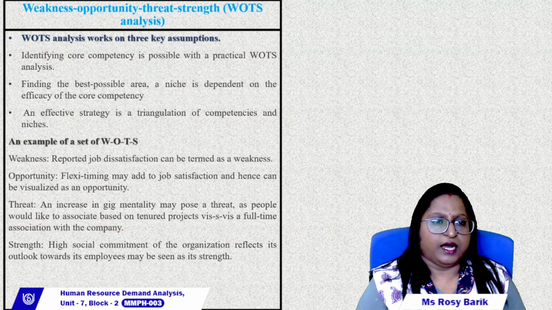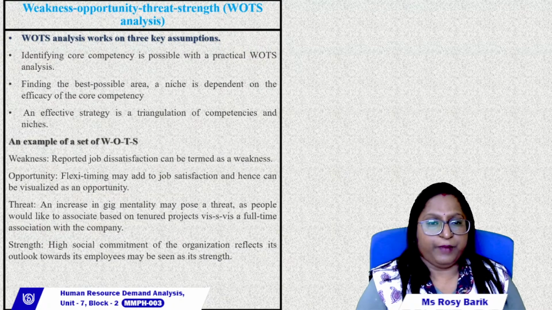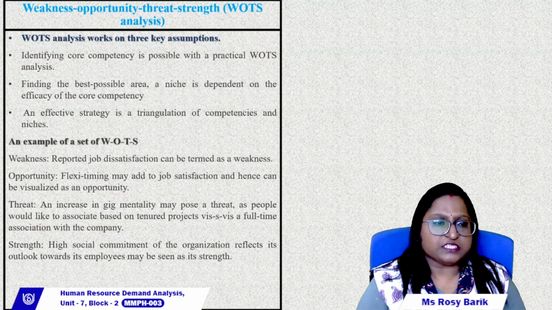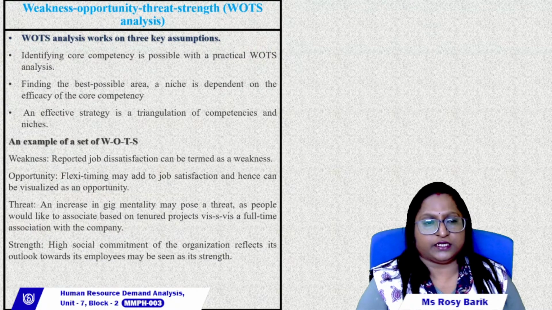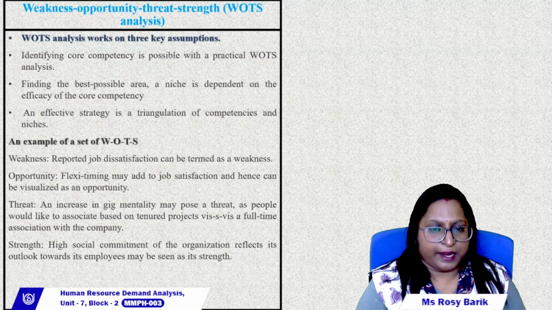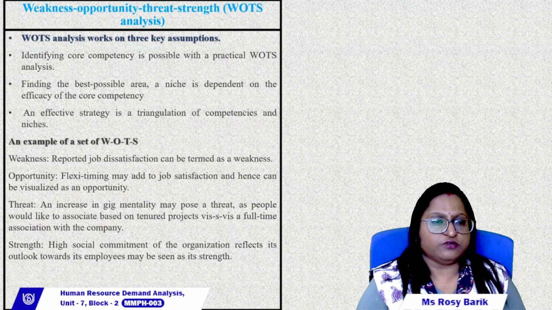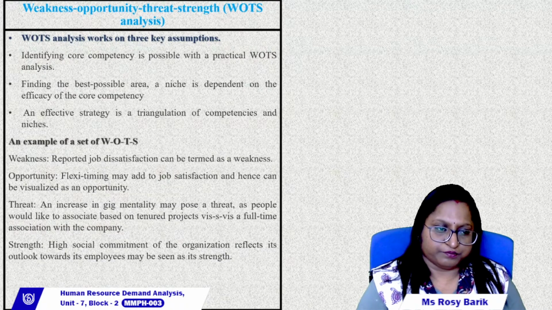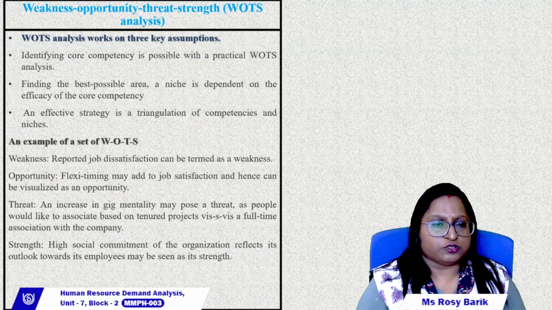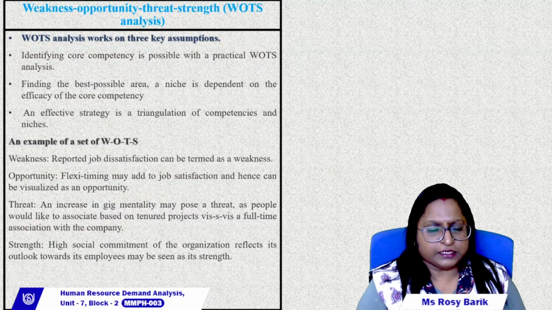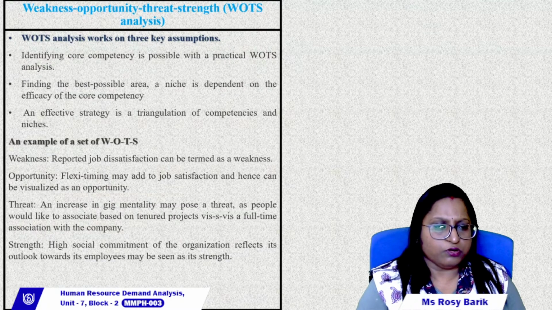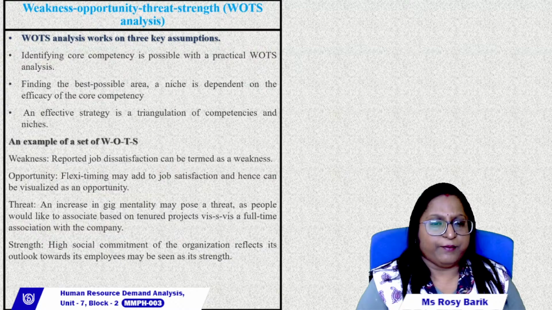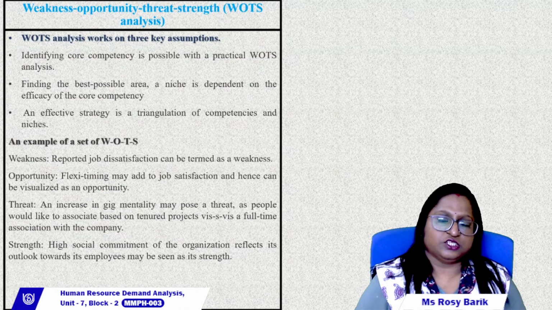Threat: an increase in gig mentality may pose a threat, as people would like to associate based on tenured projects vis-a-vis a full-time association with the company. Strength: the high social commitment of the organization, which reflects its outlook towards the employee, may be seen as its strength.